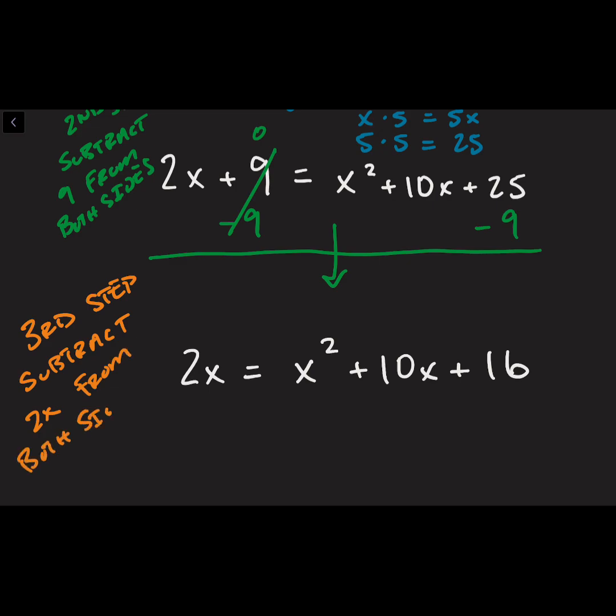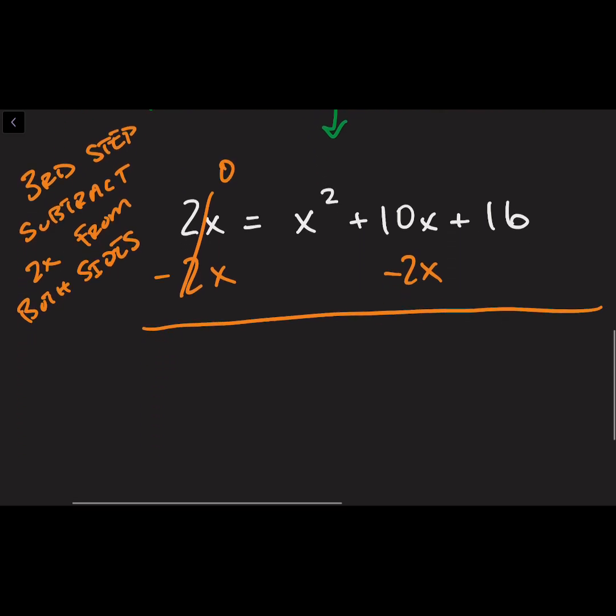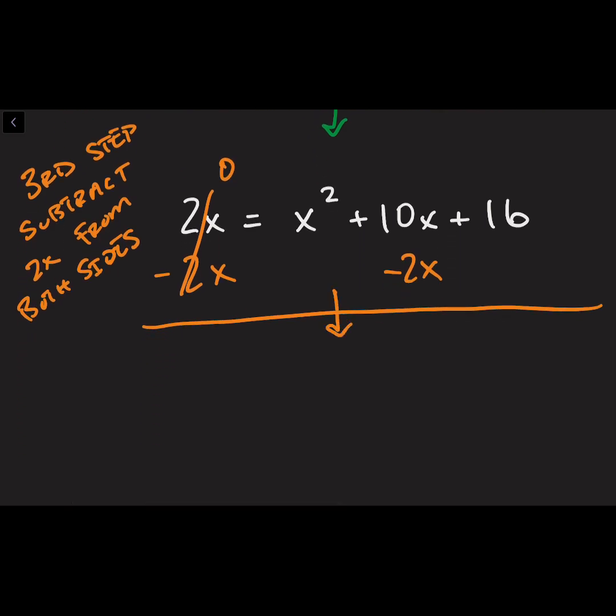So minus 2x, and then minus 2x right here because they have the same powers. It's going to cancel out and give us 0 on this side. Then we do our math here, and we're left with 0 equals x squared plus 8x plus 16.